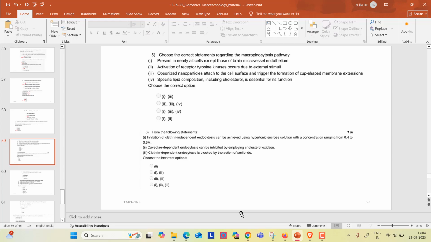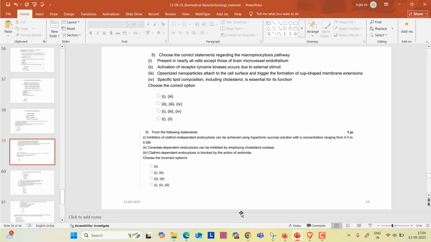Next, choose the correct statements regarding the macropinocytosis pathway. 1: Present in nearly all cells except those of brain microvessel endothelium. 2: Activation of receptor tyrosine kinases occurs due to external stimuli. 3: Opsonized nanoparticles attach to the cell surface and trigger the formation of cup-shaped membrane extensions.